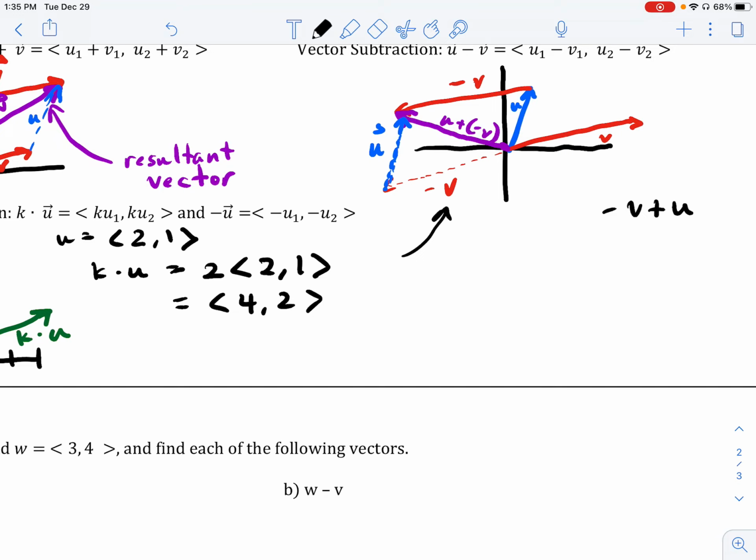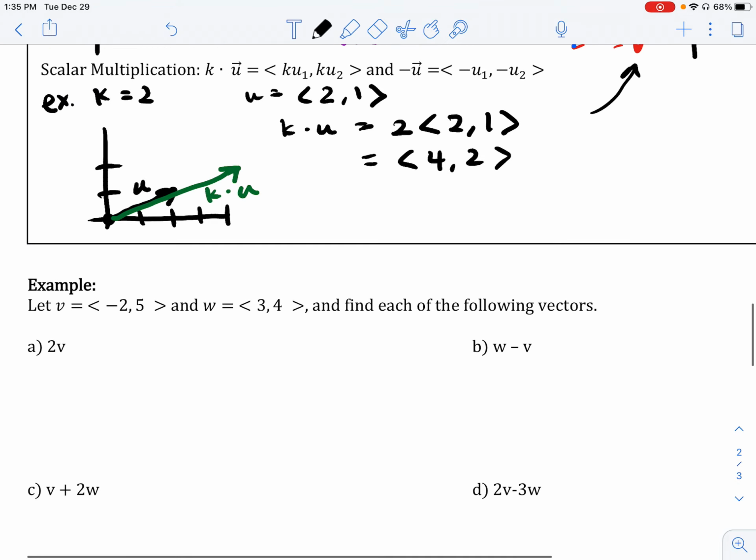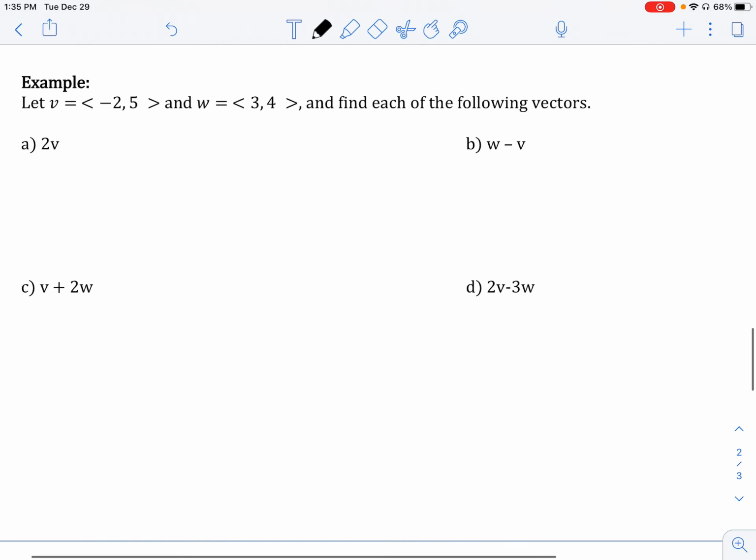Let me try a problem where we're going to graph these vector operations, but mathematically we can also see what's going on. Let's just start with A first, and I'll leave C and D to you. We'll go with A and B. So if vector v is negative 2, 5, what would 2v look like?